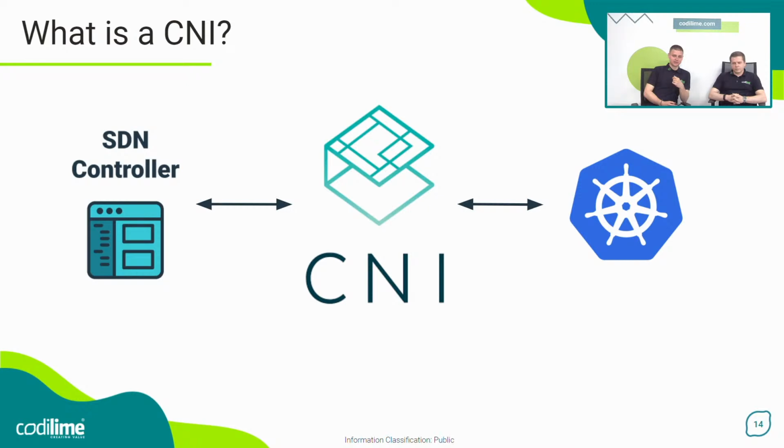And then, how do we connect with Kubernetes? In order to fulfill the API of the SDN, Kubernetes has something called CNI. This is the Container Networking Interface, the interface used for communication between SDN and Kubernetes. So each time you create a container or pod, which is usually the namespace in Kubernetes that may contain one or more containers, you'll receive an IP address from some SDN called by the CNI.